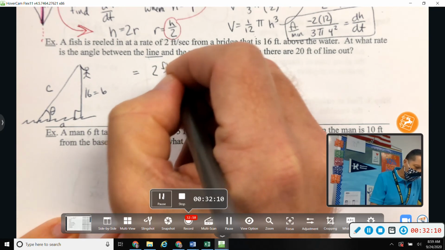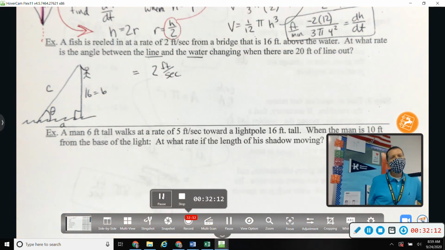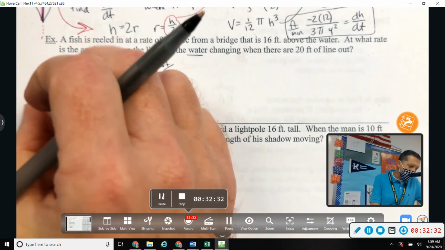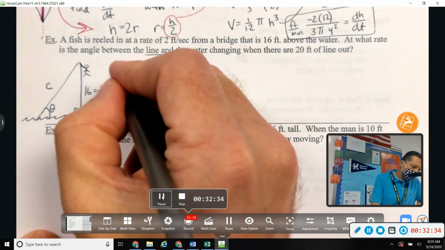Okay, well, translating this one is kind of tricky. So something's 2 feet per second. And it says it's a rate, so I know it's a d something dt. Looking at my picture, what is changing at 2 feet per second? In terms of the variables that I've got on there. C. So if we're reeling the line in, that line is getting shorter.